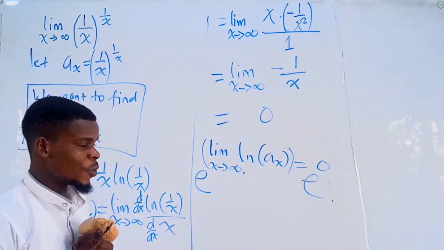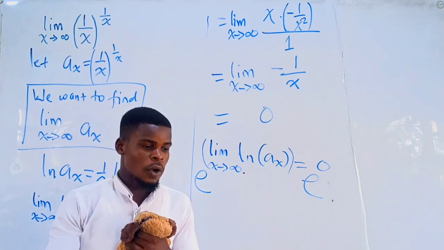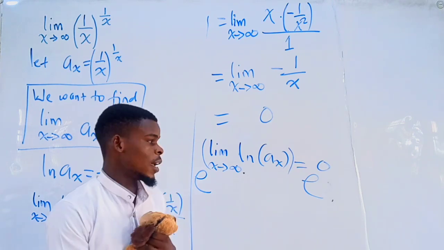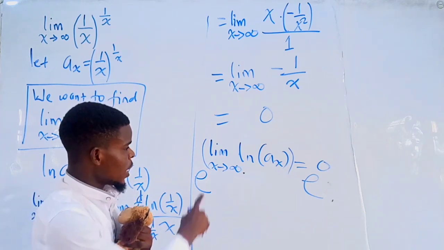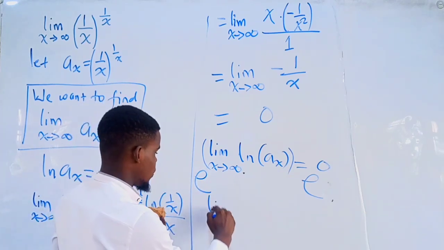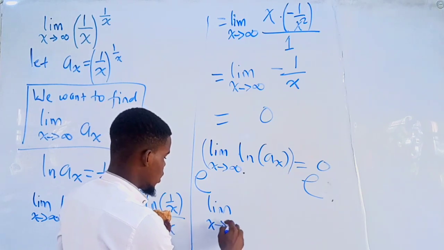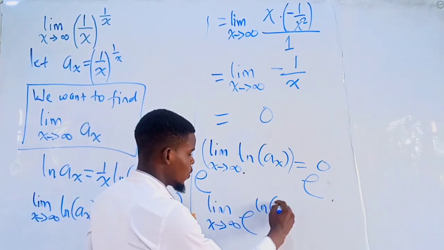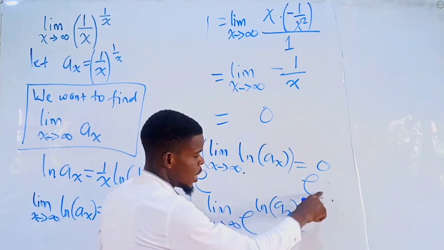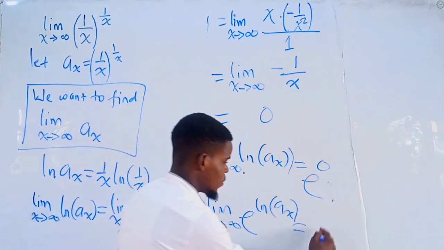Good. Since the exponential function is continuous for all x in R, that simply tells us that we can rewrite this as the limit as x tends to infinity of, we kind of push this inside, e raised to the power of ln of a sub x, which will be e raised to the power of 0, which is just going to be 1.